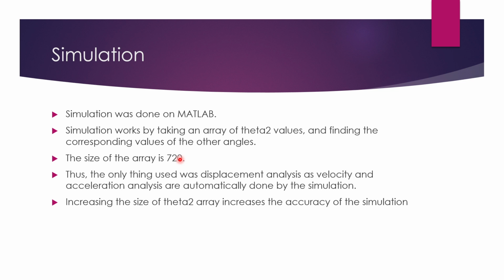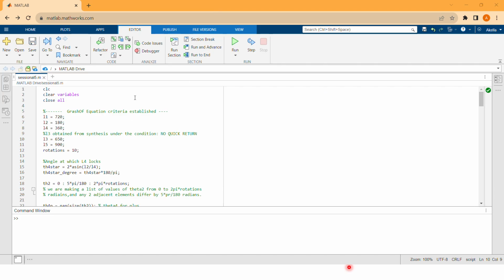However, since this simulation takes time to run, by increasing the array, the simulation also becomes slower. Now let us look at the code before running the simulation to see how it works and show what happens when we increase the length of the theta 2 array.